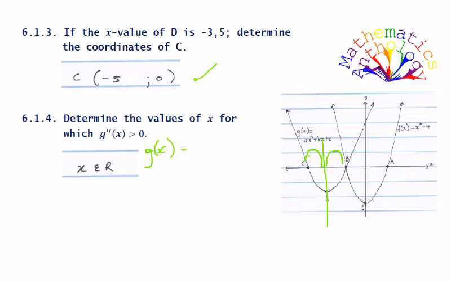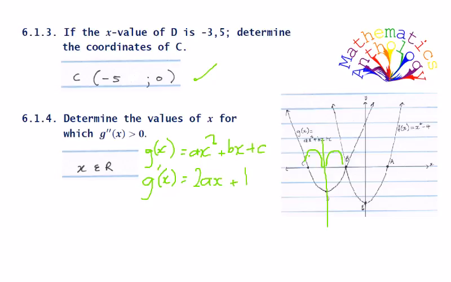So the axis of symmetry will be x is equal to negative 3.5 there at D. The coordinate at B we worked out earlier was negative 2. So to go from B to the axis of symmetry will be negative 2 going to negative 3.5. That's 1.5 units to the left.